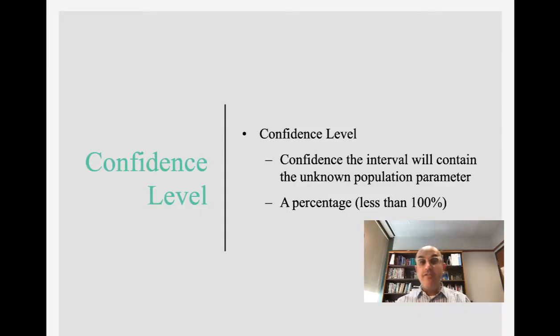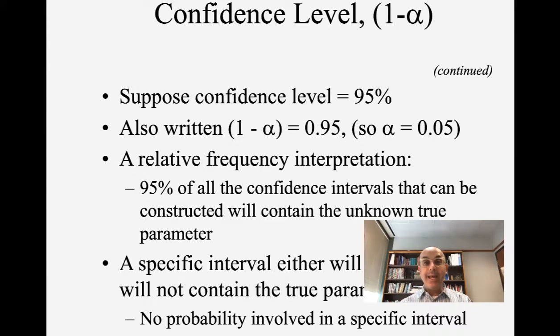So the level of confidence will contain the unknown parameter, and the percentage is less than 100. Suppose the confidence level is 95%, also known as 0.95.